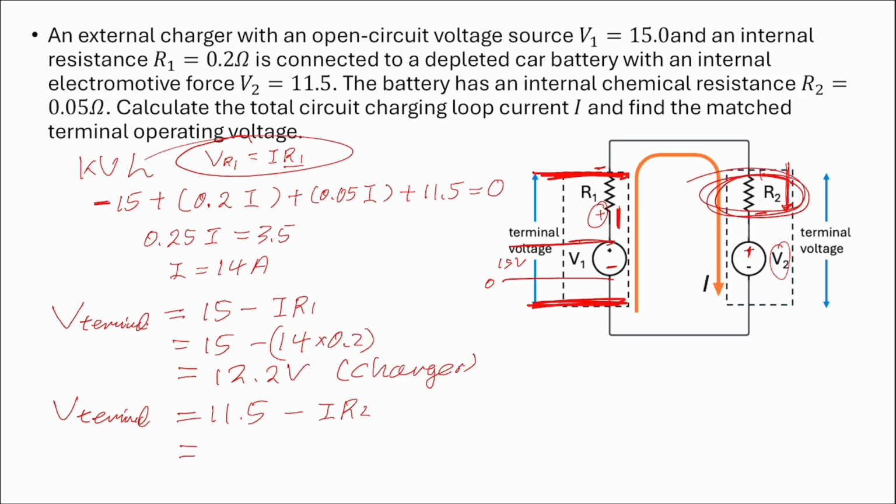R2, so 11.5 minus 14 times 0.05. And you will see this is equal to 10.8 volt. So this is what you can measure across the car battery at this moment is 10.8 volt only.